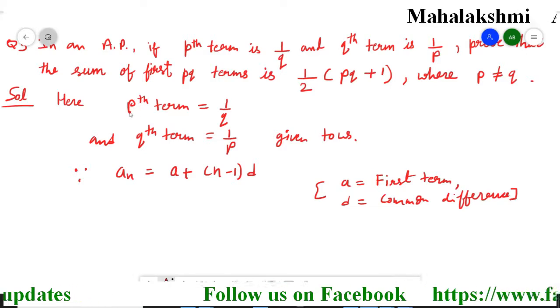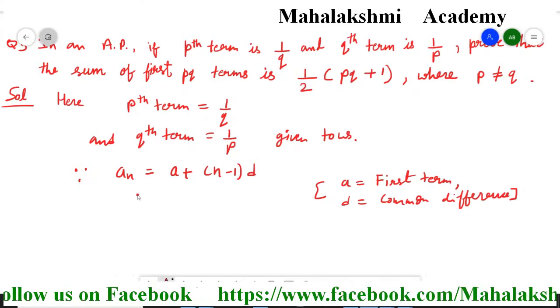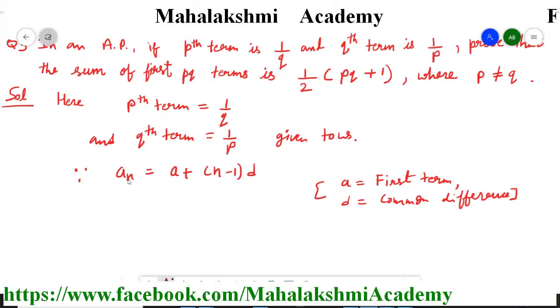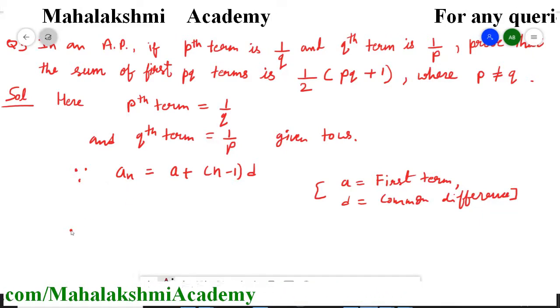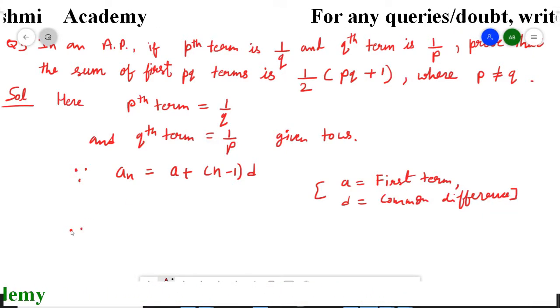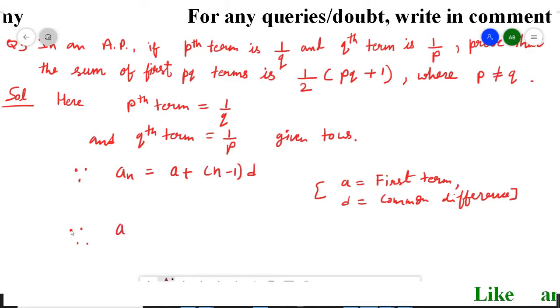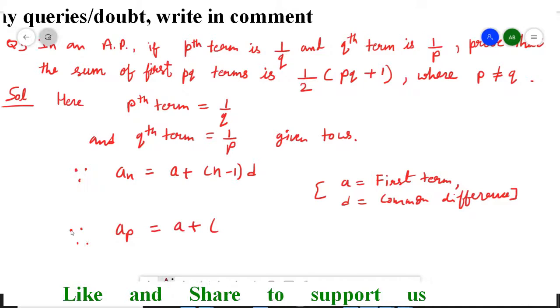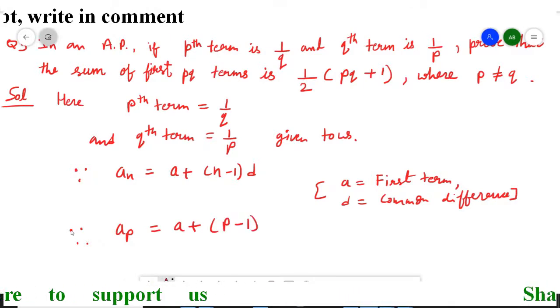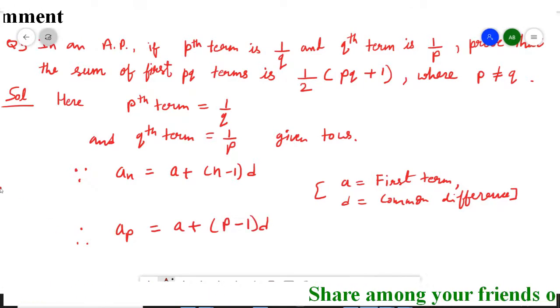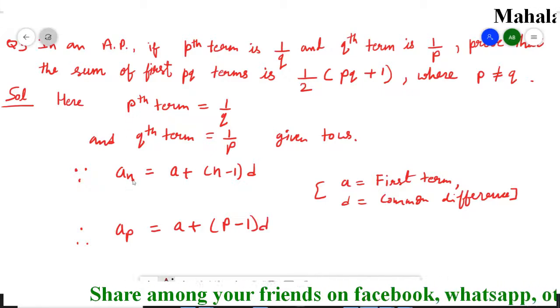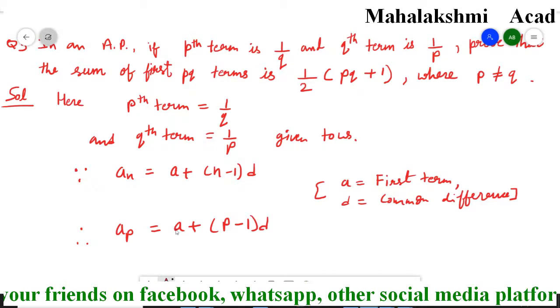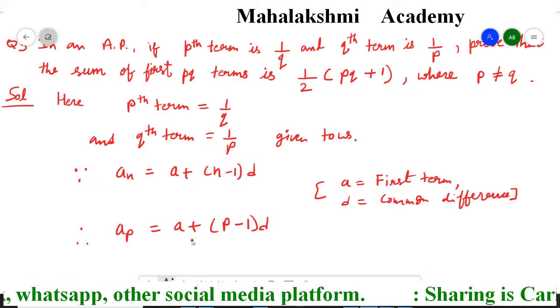But here it is given that the pth term is 1 upon q. So instead of n, we will write p. So the pth term, ap, is equal to a plus p minus 1 d. Because we are calculating the pth term, instead of n we write p, so it converts to the pth term formula.